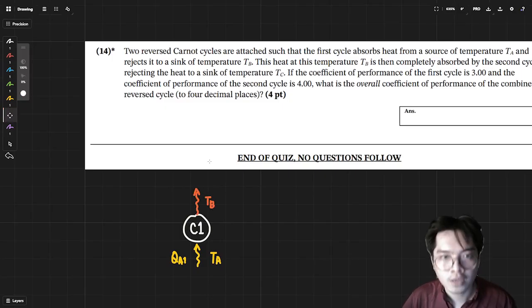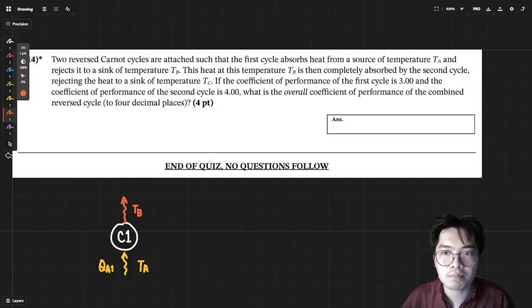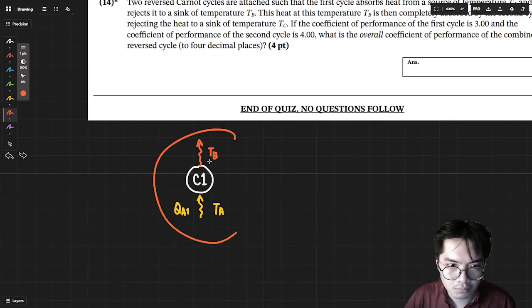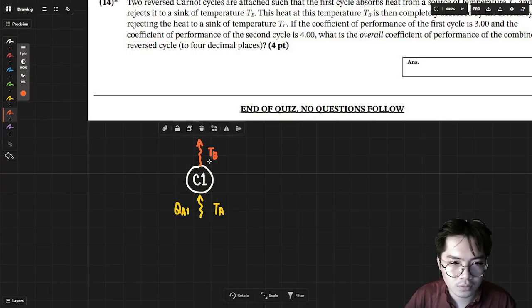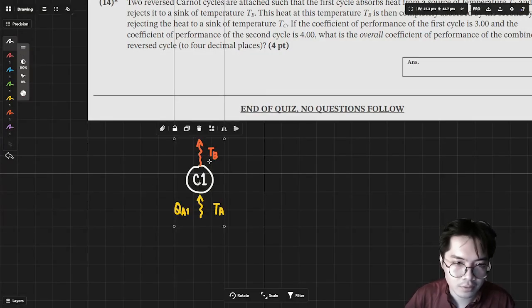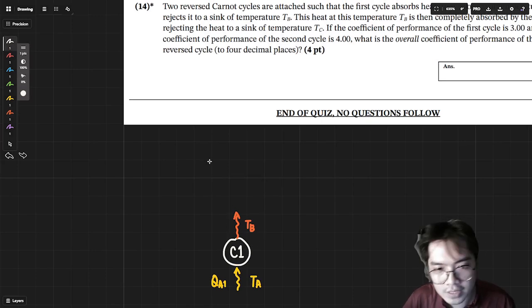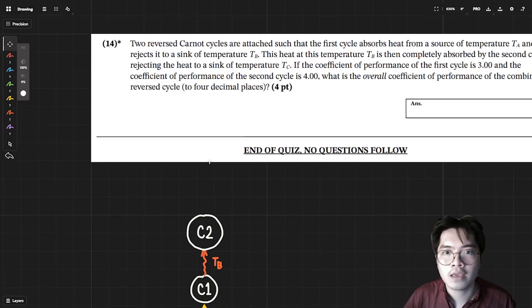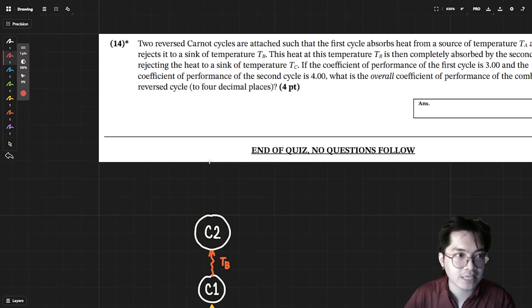And then this heat at temperature TB is completely absorbed by the second cycle, which then rejects the heat to a sink of temperature TC.